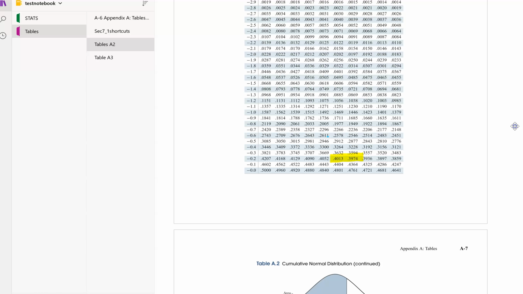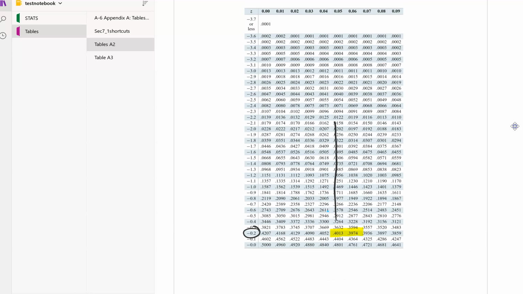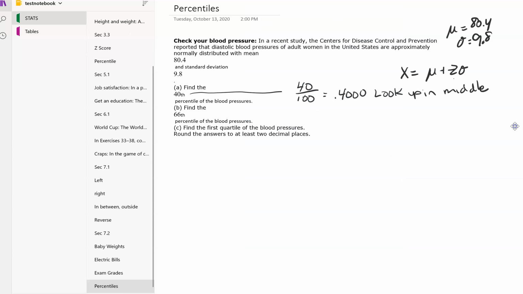This is 26 away. So now I stretch that out and see what it corresponds to. So it's a minus 0.2, and then I go up here, 5, minus 0.25. So that's what z is. So z is a minus 0.25.